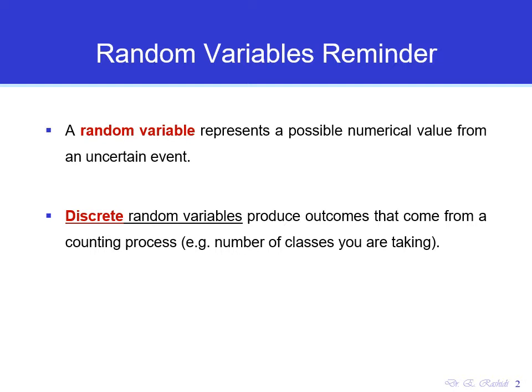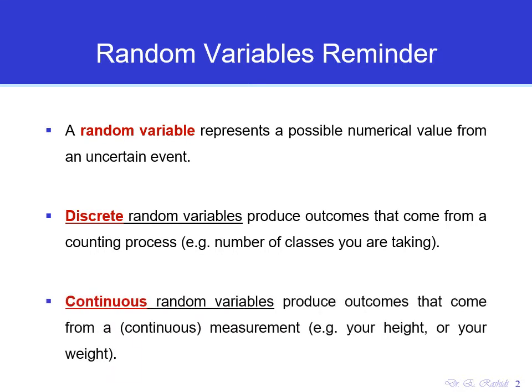This is as opposed to the other type of random variables, which are called continuous random variables. Continuous random variables come from characteristics whose data you can measure but cannot count. For example, the height of a student, the weight of a student.